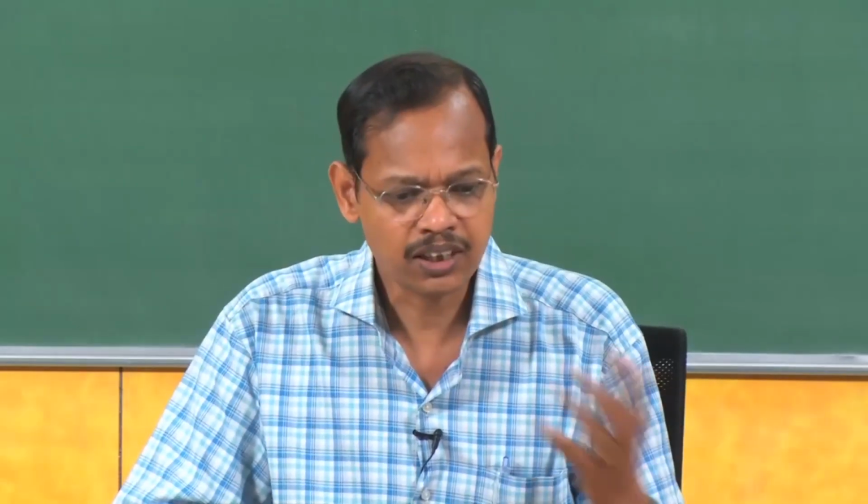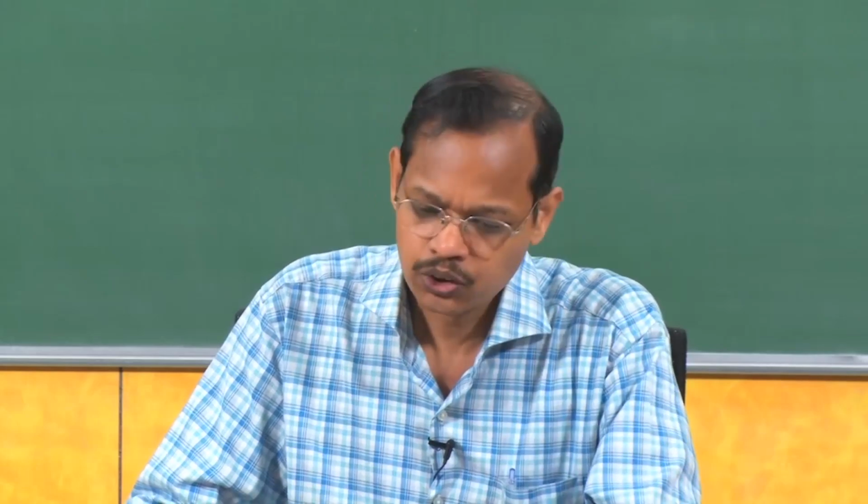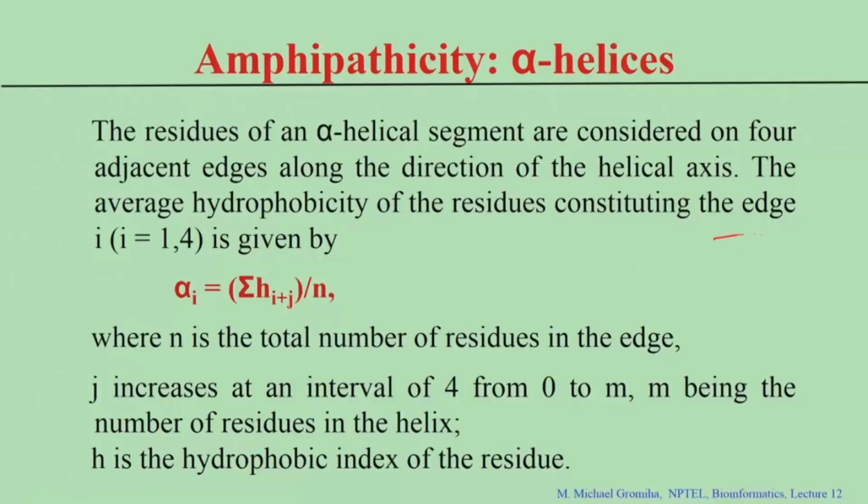How to do this? For example, if you take an alpha helical segment, how many residues per turn? 3.6 residues per turn. So, if you have a helix, we start from here. One turn is up to here, this way and this way.